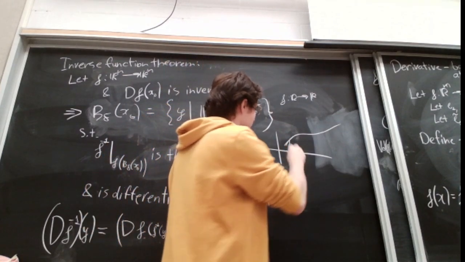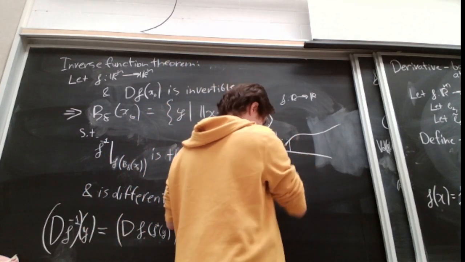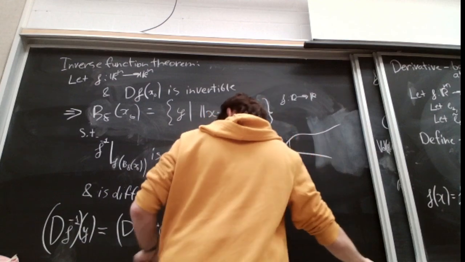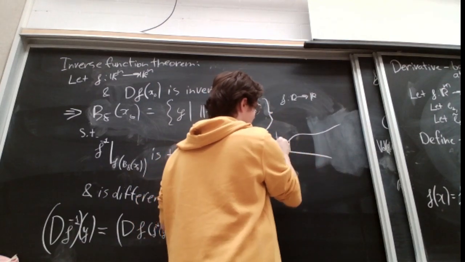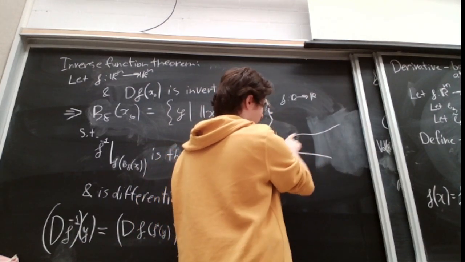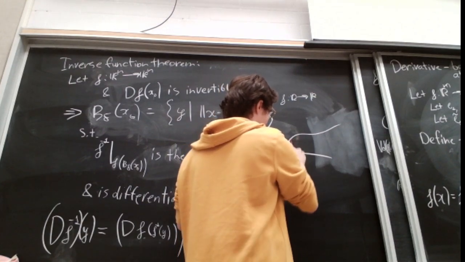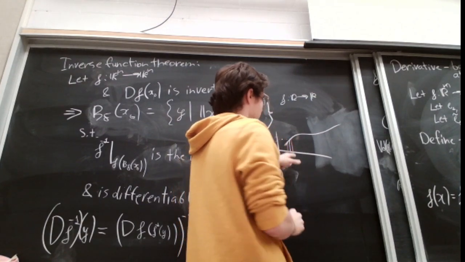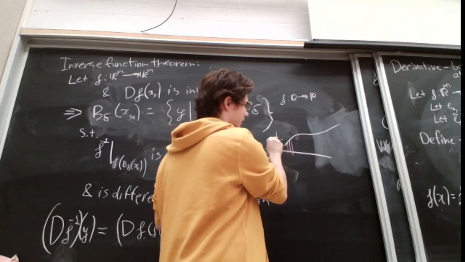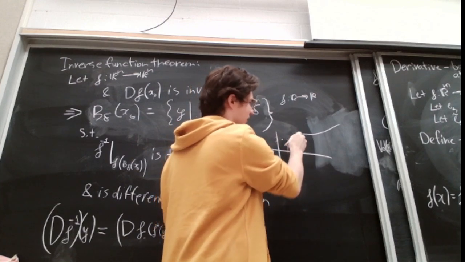Okay, but if you look at a small neighborhood around here, since the derivative is positive, there is very much an inverse to some small ball here that is well defined. Like I can go back here and then go down and have an inverse.